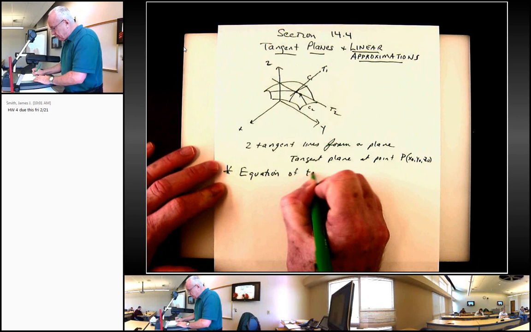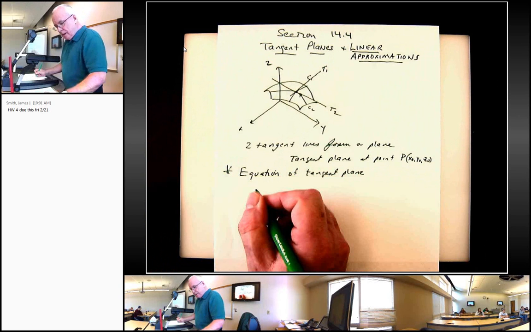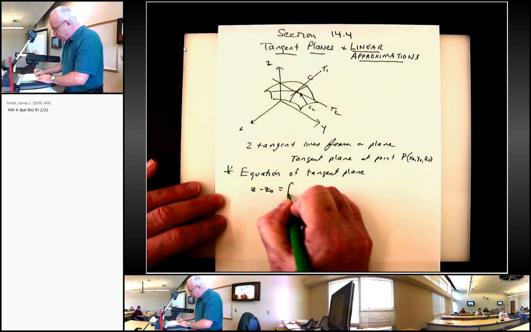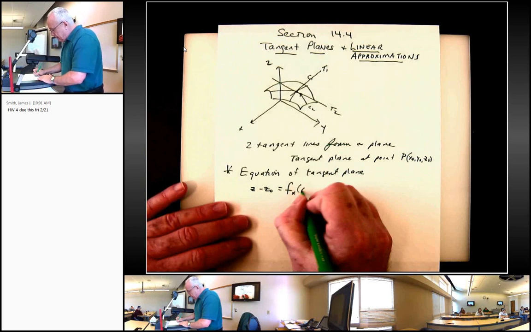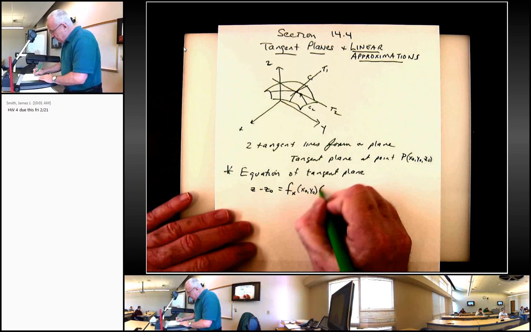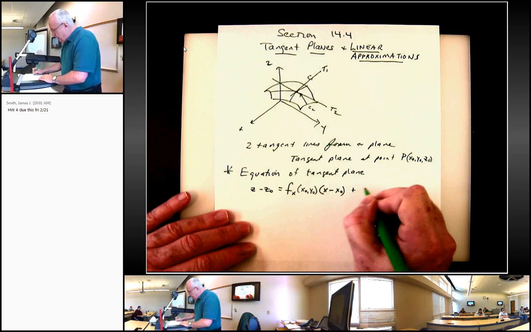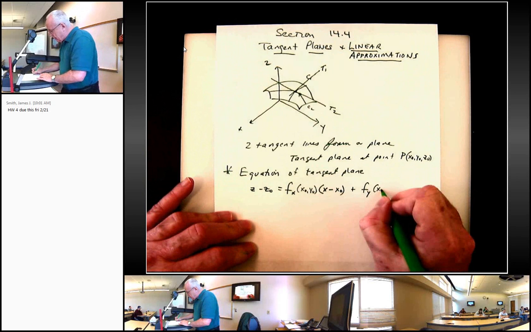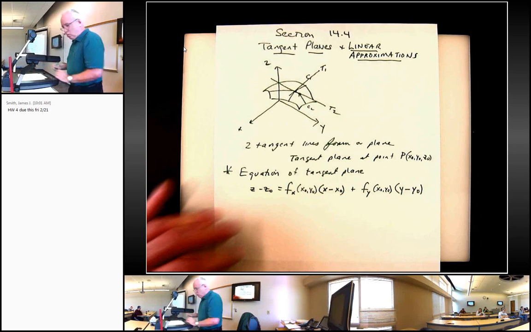Equation of the tangent plane: z minus z0 equals the partial derivative of f with respect to x, evaluated at x0, y0, times our variable x minus x0. Then we have the derivative with respect to y, again evaluated at x0, y0, and this time it's multiplied by y minus y0. Okay.